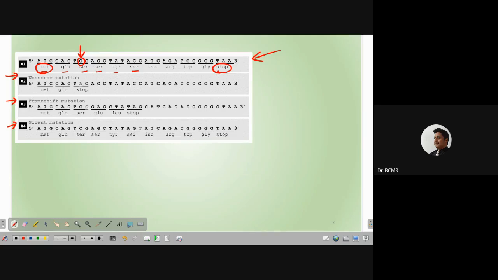A pyrimidine is replaced with a purine, so it is transversion, right? That is adenine. And so now TCG is a sense codon because it was coding for serine, but now it is TAG, a stop codon. Those mutations that produce a stop codon within a reading frame are called nonsense mutations.